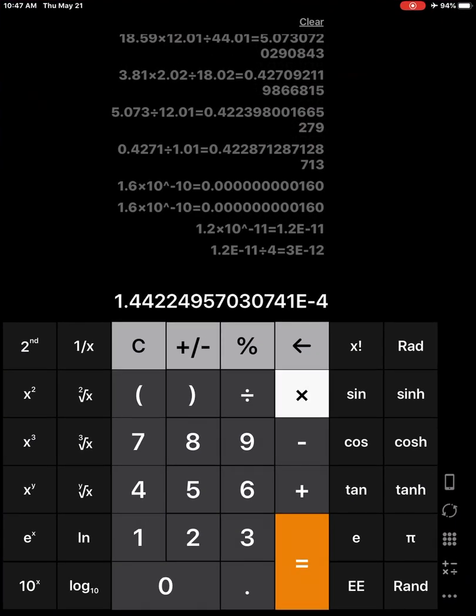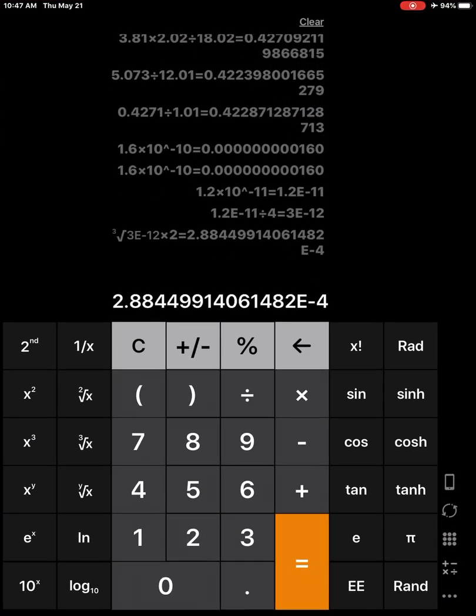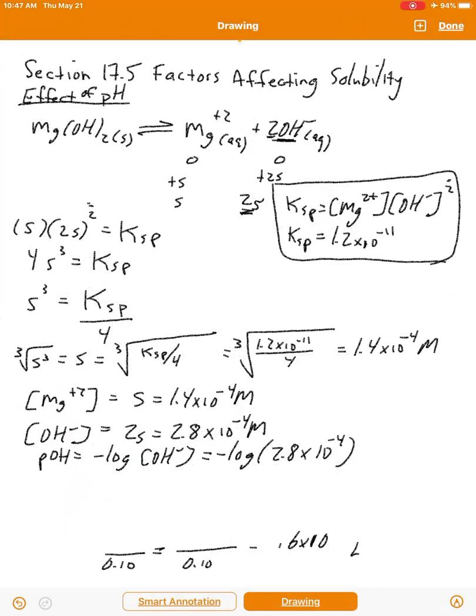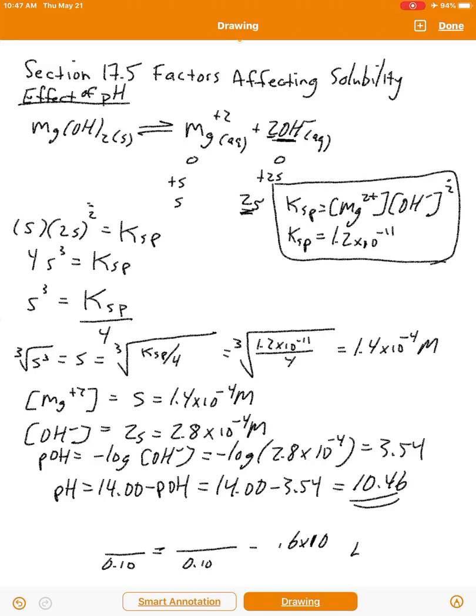Okay, so I'm going to multiply this by 2, and then we're going to take the negative log. 3.54. So what's the pH? 14 minus pOH, right? 14 minus 3.54. So what is that? 10.46? So the pH would be around 10.46.